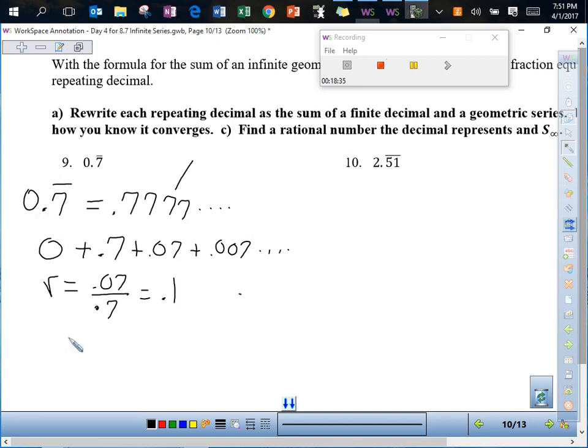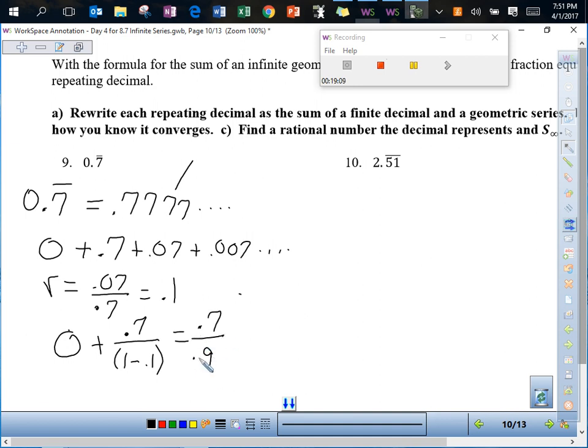So I'm going to have 0 plus g sub 1, which is 0.7, over 1 minus 0.1, my R value. So I've really got 0.7 over 0.9.